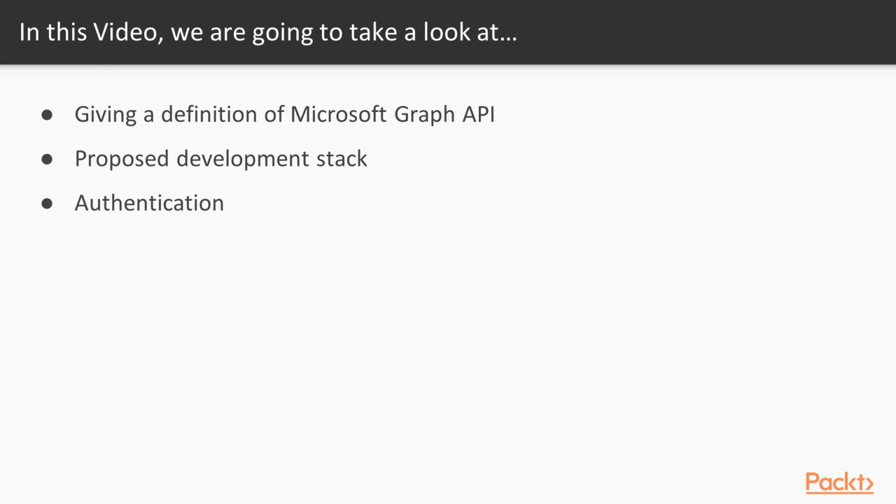In this video, we are going to take a look at what is Microsoft Graph API. We will discuss the proposed development stack, and we'll briefly touch on the authentication mechanism against the Microsoft Graph API.